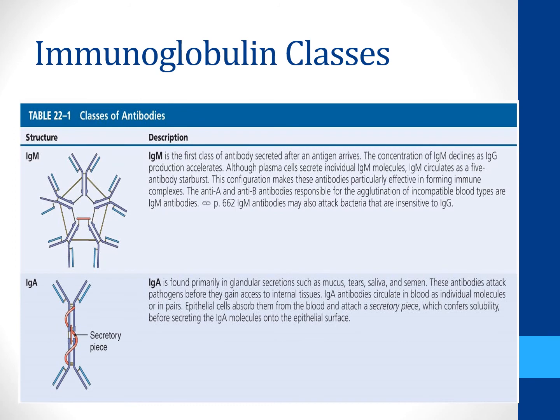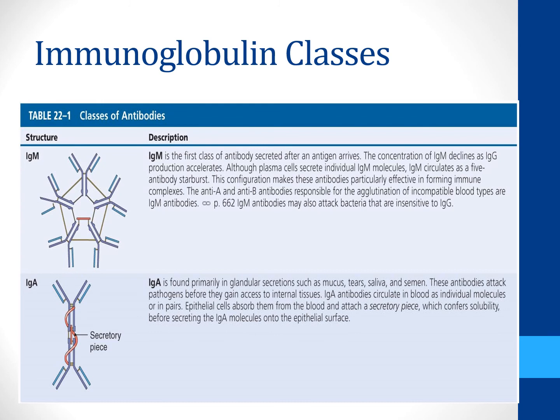IgM has this interesting star-shaped structure, and IgM is the first class of antibody or immunoglobulin that gets secreted after an antigen arrives. So once you have an antigen in the system, IgM is going to get secreted first and quickly, or it's going to get created more quickly, and then IgG is going to come along later.